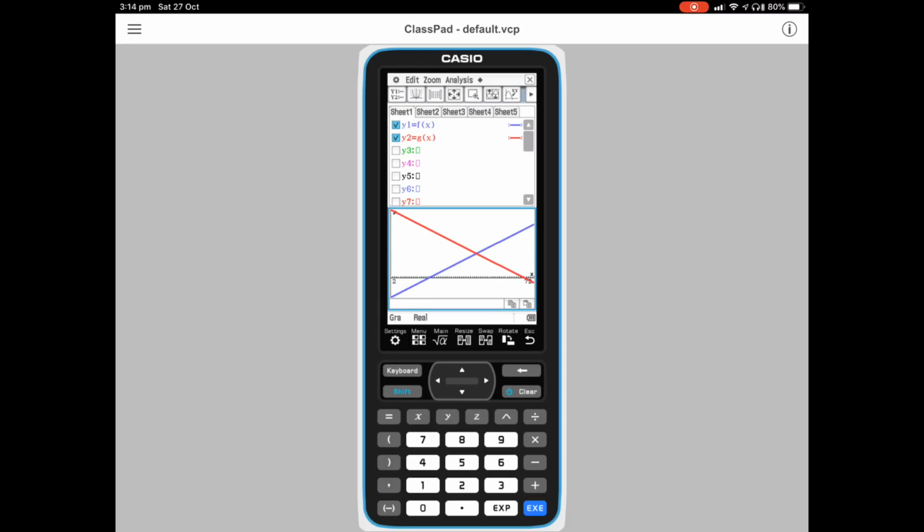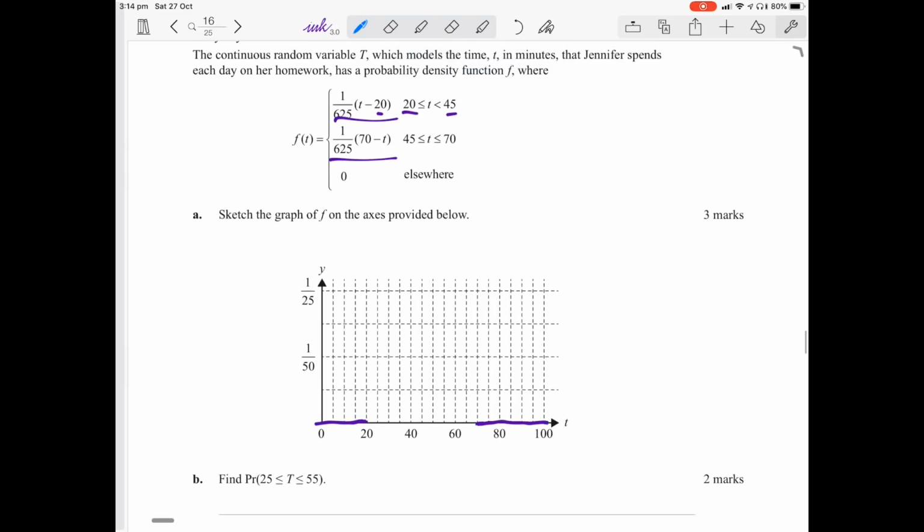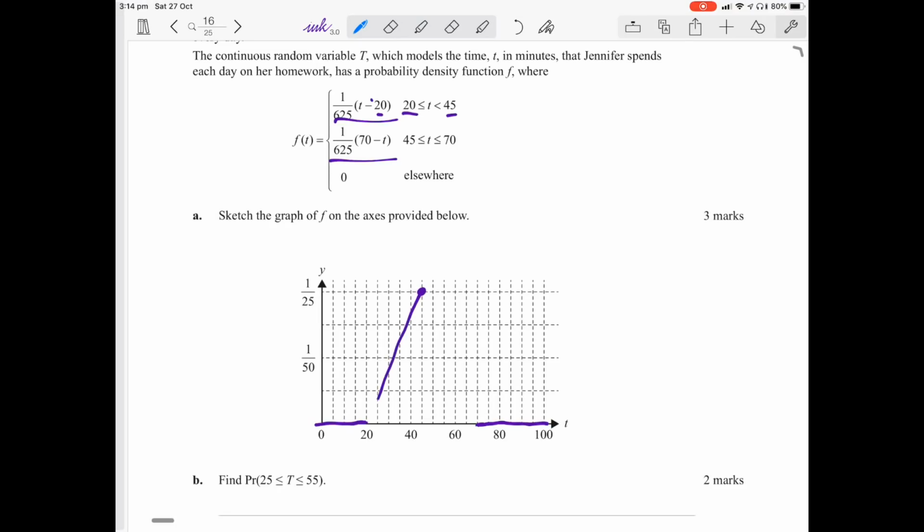So there's our graph, and it looks like it could be right. It's symmetrical, so if I put 45 into it, I'm going to get 25 divided by 625, which is 1 on 25. So that's going to be at 45.